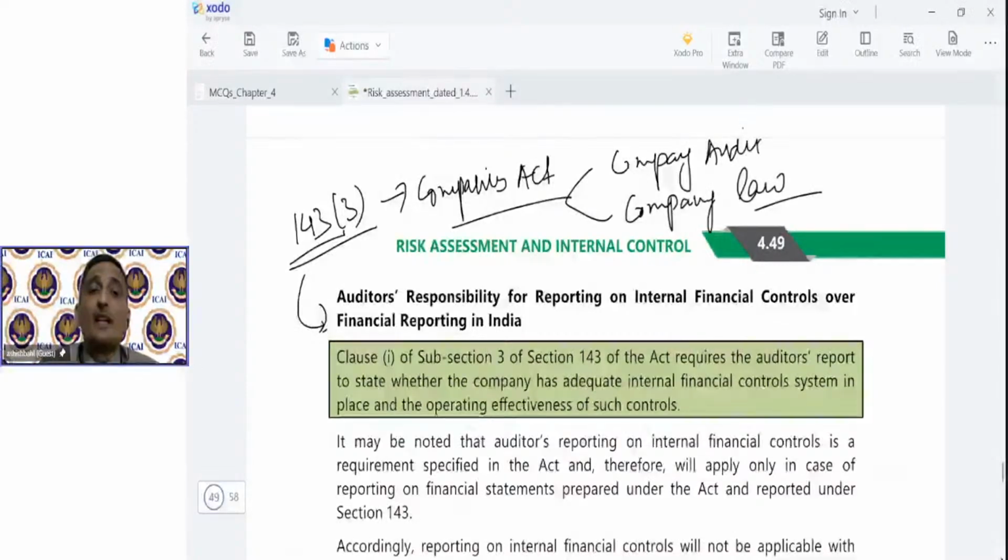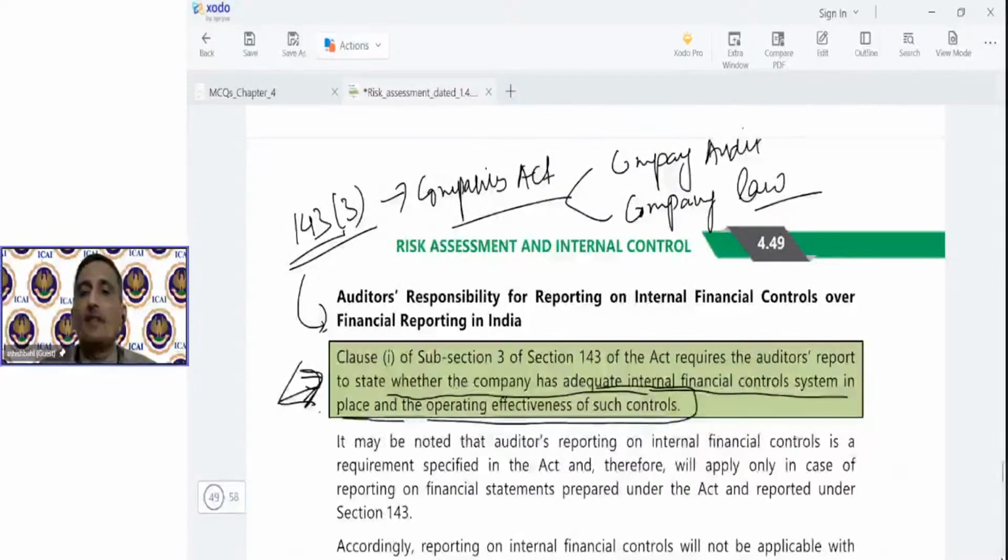So the auditor has to specifically report on what? He has to state whether the company has adequate internal financial control systems in place and the operating effectiveness of such controls.